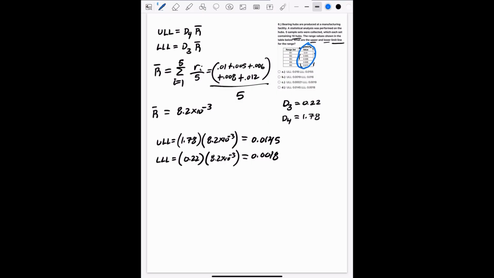Okay, so now looking at the answer selection, we can see that D is the correct choice. So that's it for this problem.